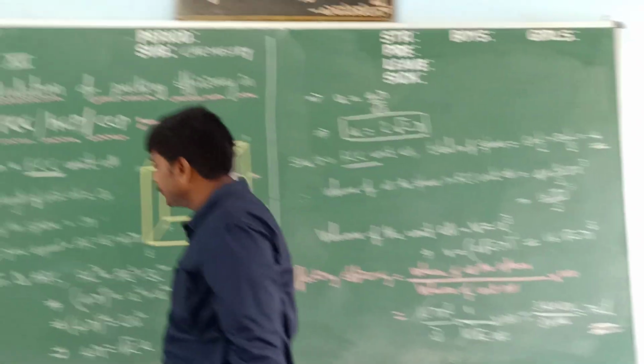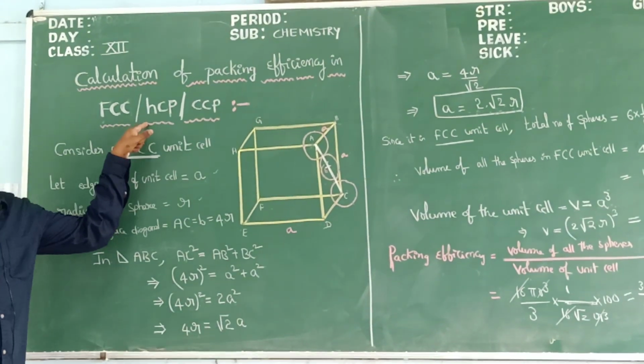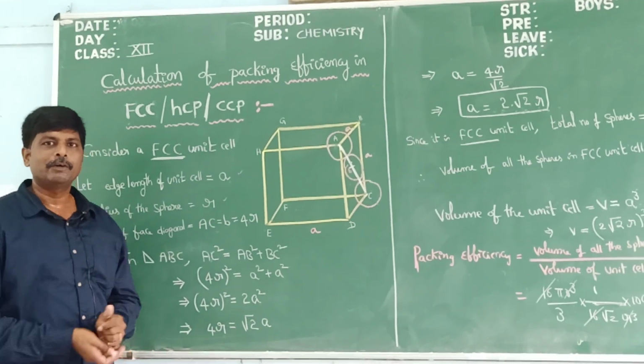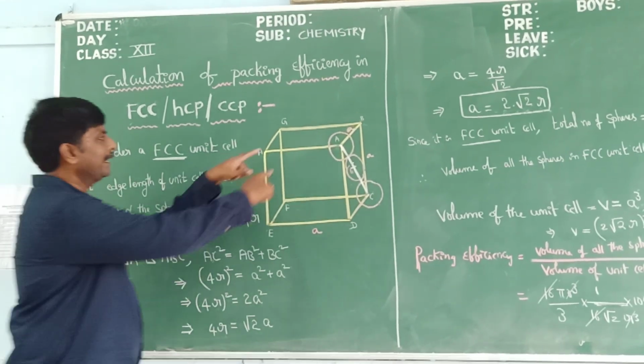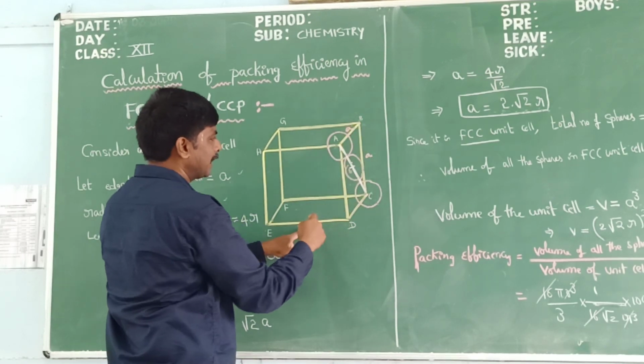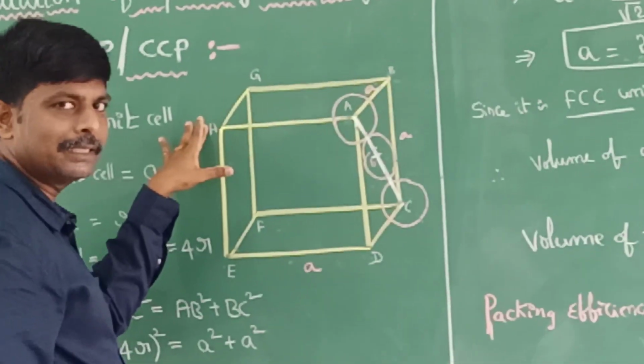So this is the calculation of packing efficiency in face-centered cubic, or hexagonal close packing, or cubic close packing. Once again I will revise. Take a face-centered unit cell, with names given for the corners A, B, C, D, E, F, G, H. So 8 corners.